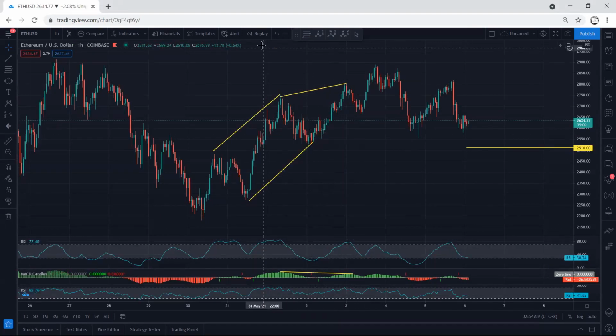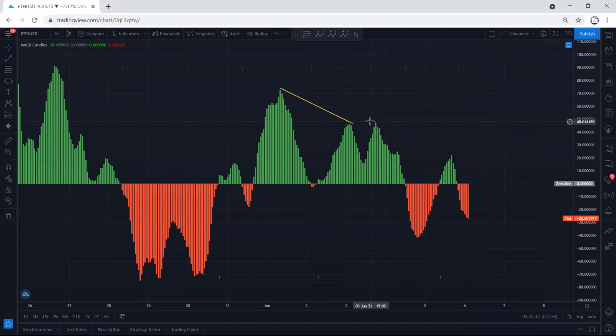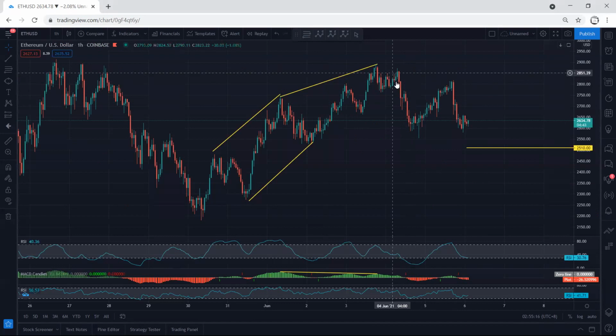We have a divergence, but it didn't change the direction. It gave us a correction continuation. But if I put my line here in the bigger picture, we still have a divergence, and at the end the price starts to turn into a deeper correction.